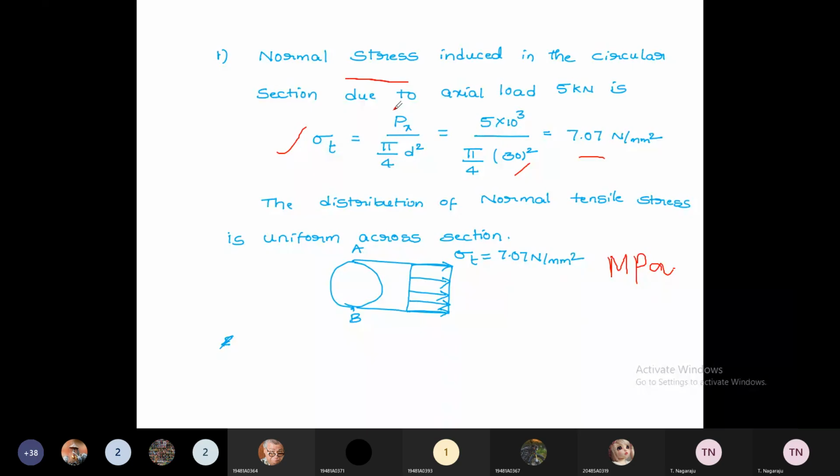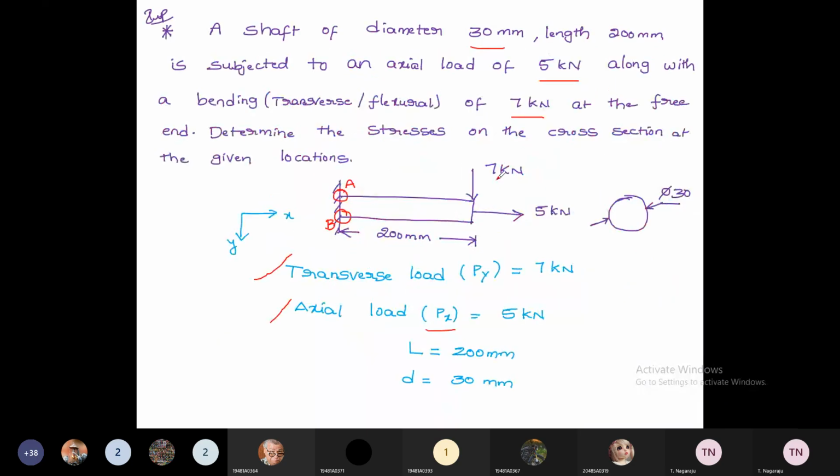Similarly, there is another load which is perpendicular to this member, a radial load. Due to this, a bending stress is created on this member. The beam will be bent like this due to the bending load, and the bending stress will be maximum at this location.